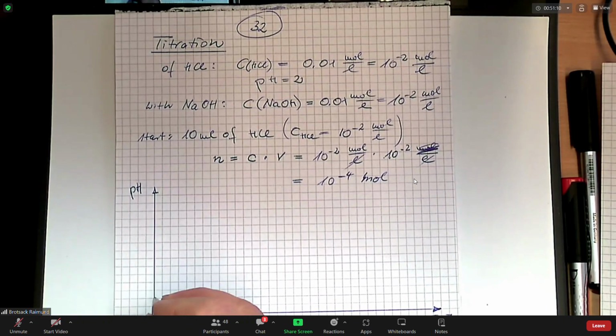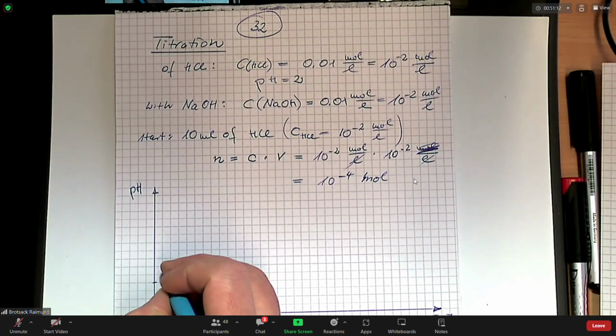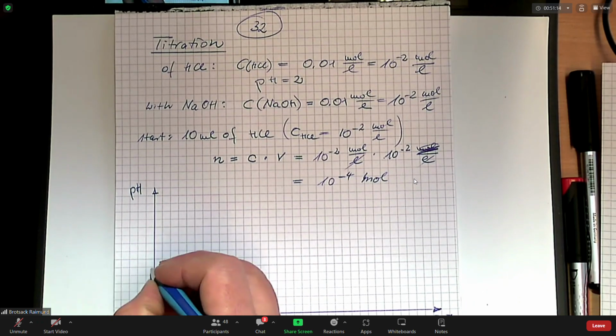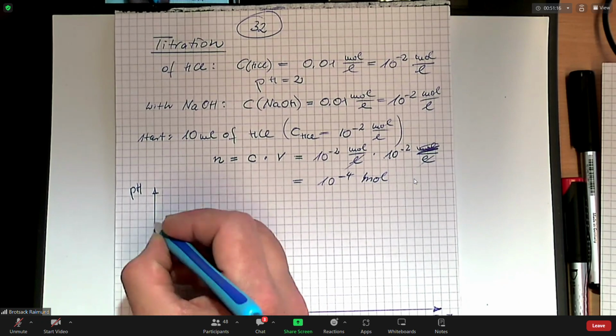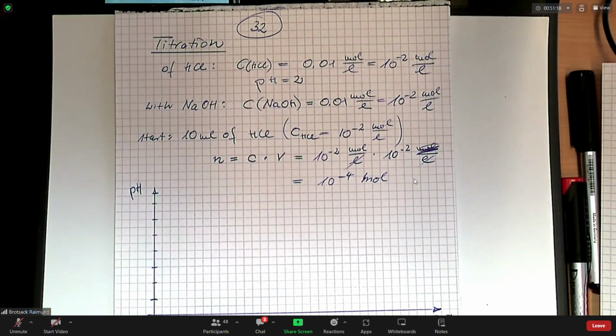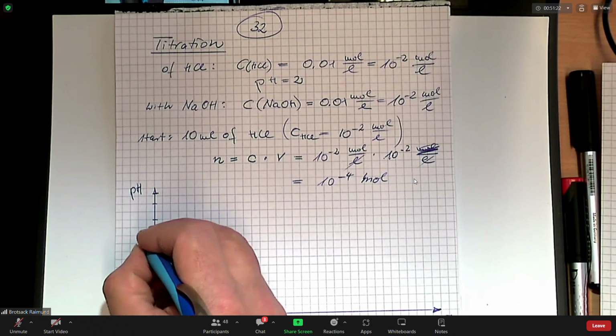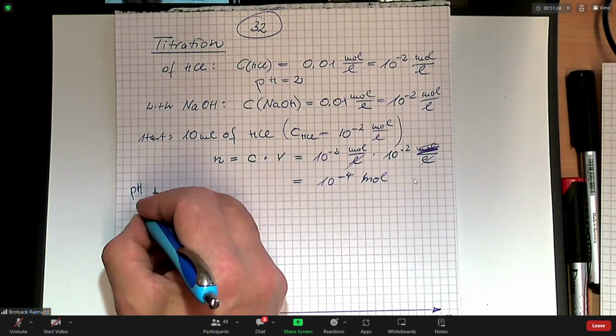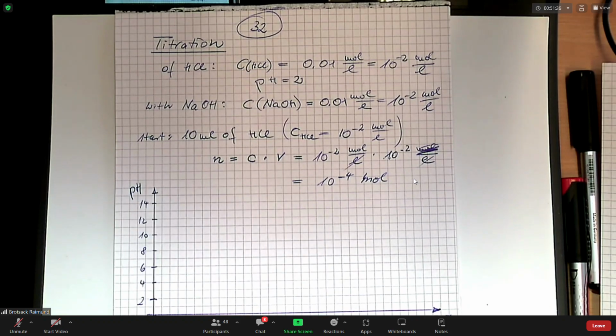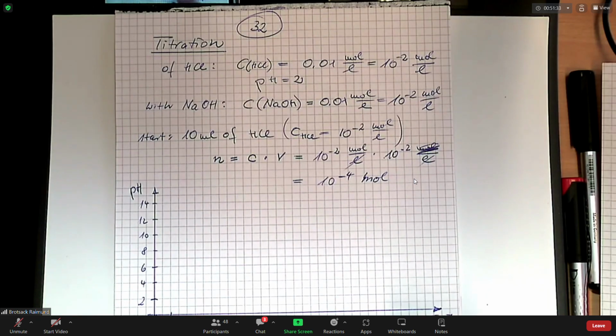And this is 2, 4, 6, 8, 10, 12, 14. Well, 14 is the max. And we have the addition of milliliters of NaOH: 1, 2, 3, 4, 5, 6, 7, 8.